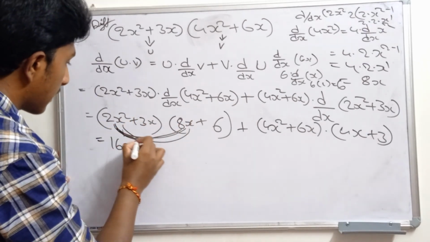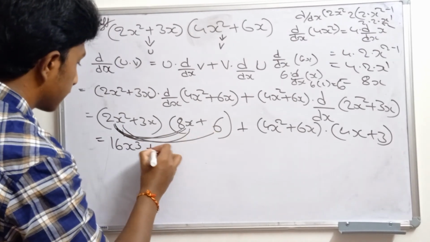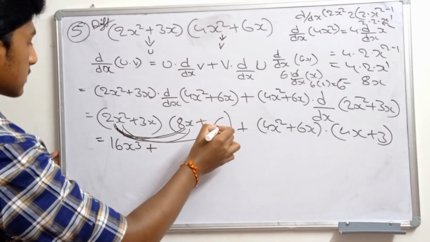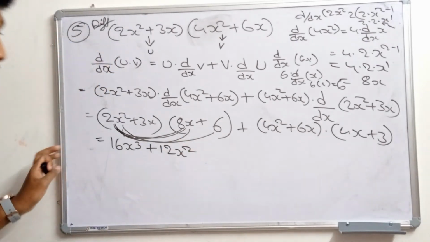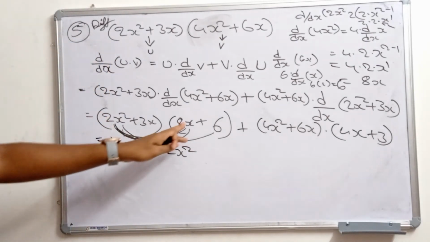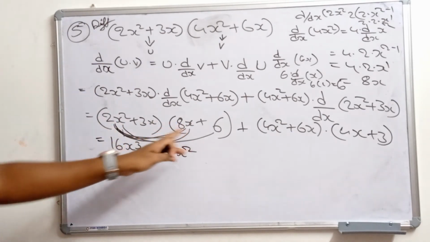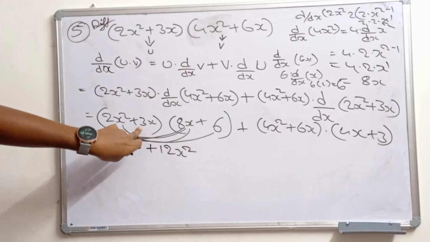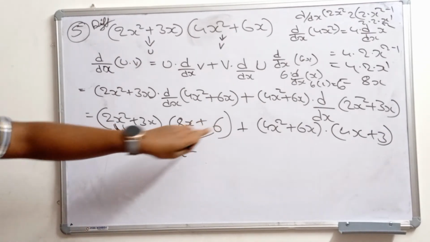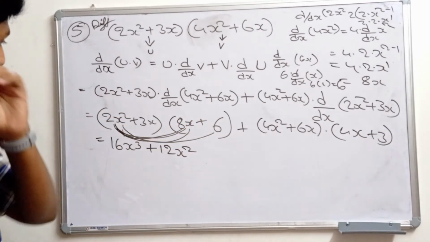And again you will be multiplying 2x square with 6, 2 6s are 12, 12x square. 2x square into 8x, 2 8s are 16, x cube, and 2x square into 6, 2 6s are 12, 12x square.